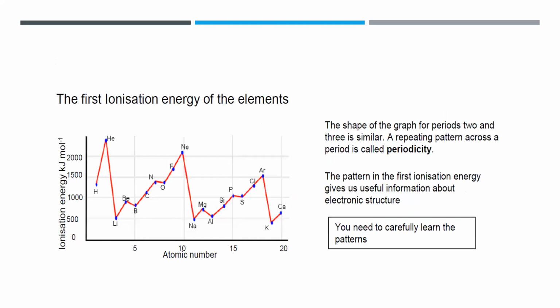Now when we sketch a graph of ionization energy for elements belonging to the same period, we see a pattern.